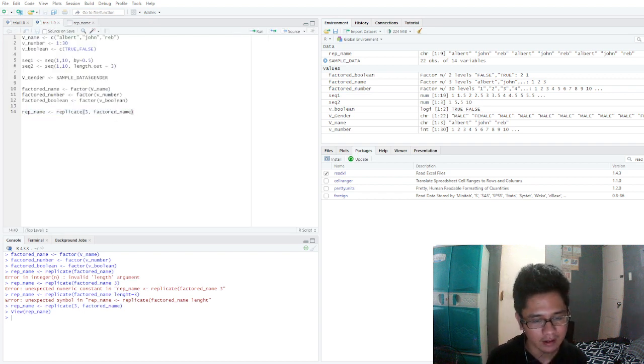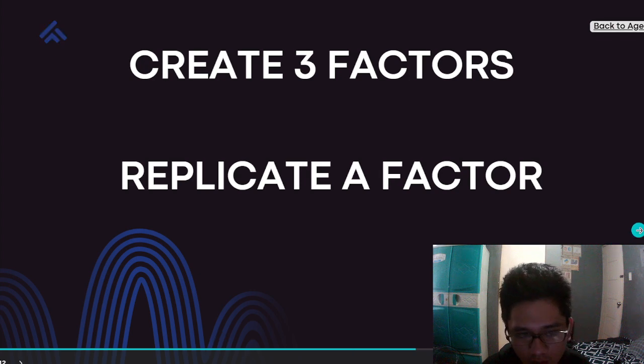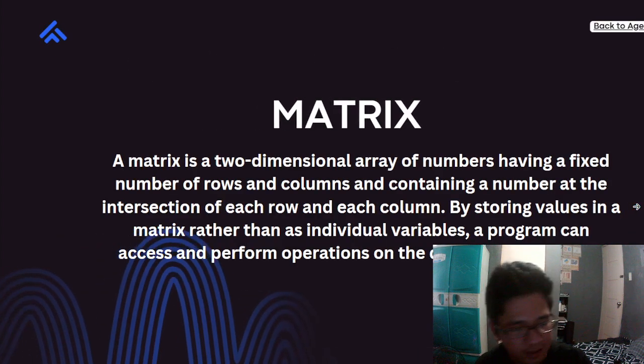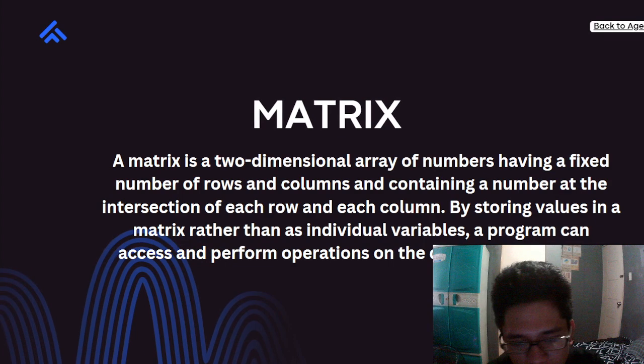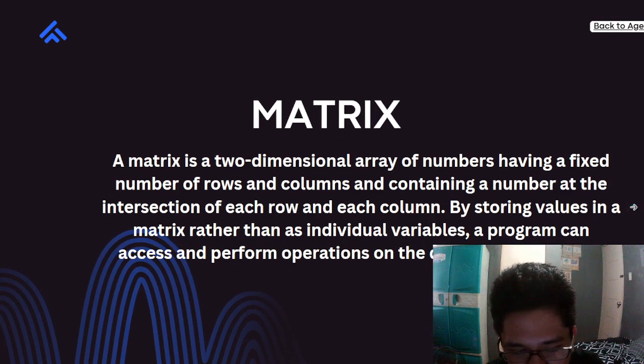So next up in our list, we're going to go with a matrix. A matrix is a two-dimensional array of numbers having a fixed number of rows and columns, and containing a number at the intersection of each row and column. By storing values in a matrix rather than as individual variables, a program can access and perform operations on the data more efficiently.